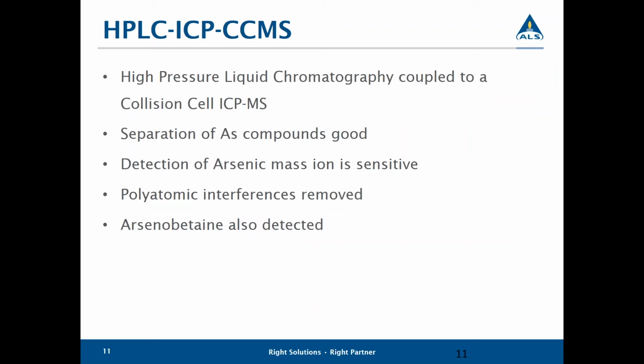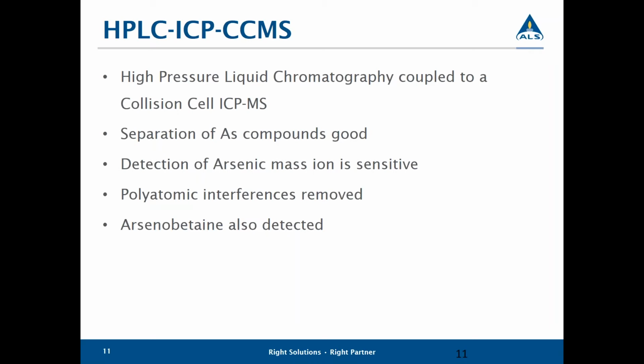So the method we chose was high pressure liquid chromatography coupled to a collision cell, and that's also the method that is recommended by the US Center for Disease Control. And so this sort of worked out in our favor. We used an Agilent 7700 ICP-MS, and then also an Agilent HPLC.